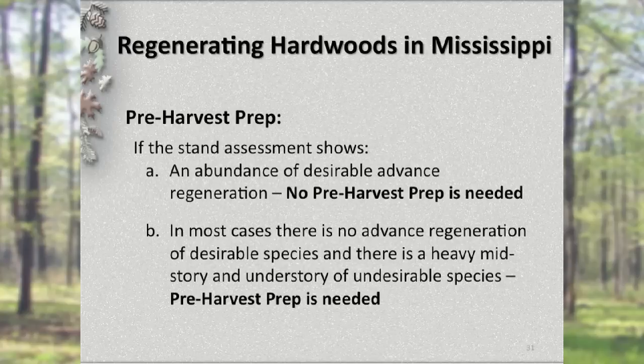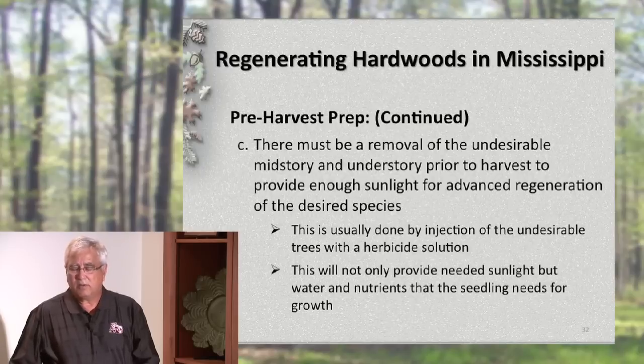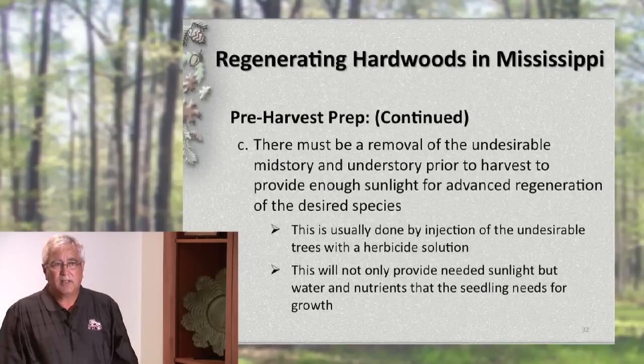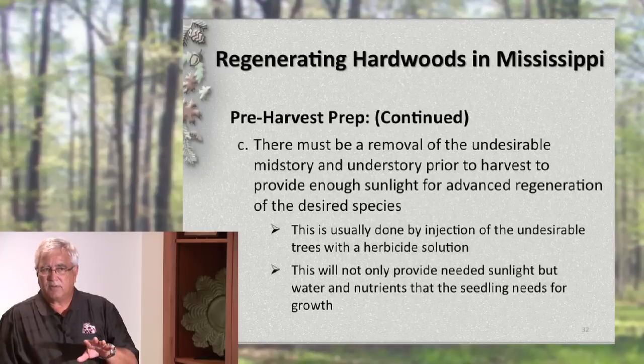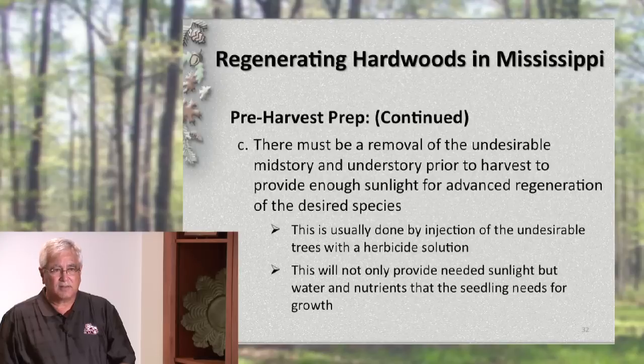However, if there's no advanced regeneration of desirable species and we have a heavy mid-story and understory of undesirable species, we're going to have to do something to allow more sunlight to reach the ground. This means removing this material in the mid-story and understory prior to harvest to allow enough sunlight for advanced regeneration from our desired class to take hold.